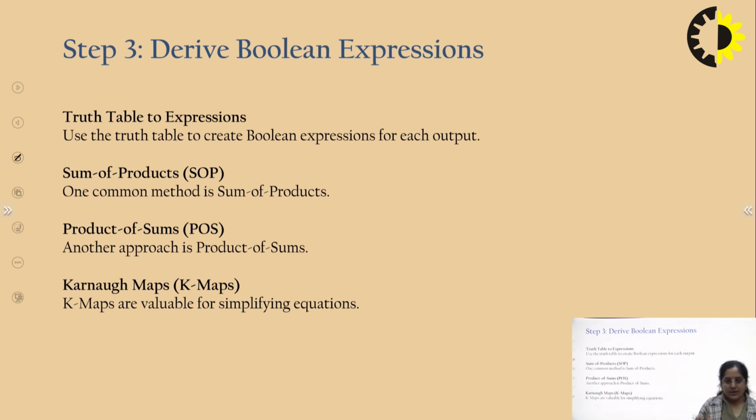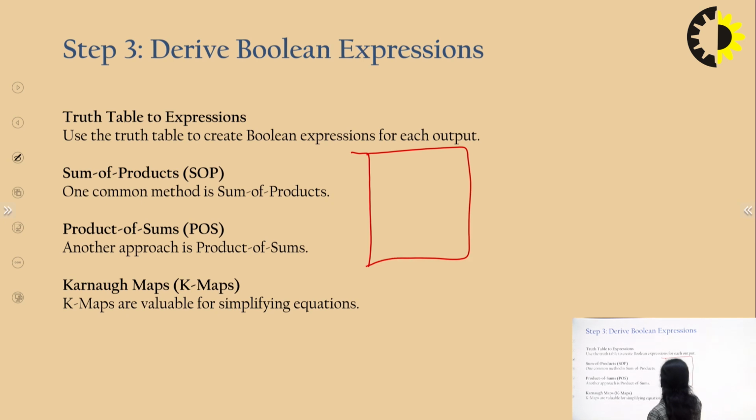Okay, so for that I have to draw the K-map, and we have to find the Karnaugh map for the solution for simplification. So I can just draw the Karnaugh map for A, B, C, D.